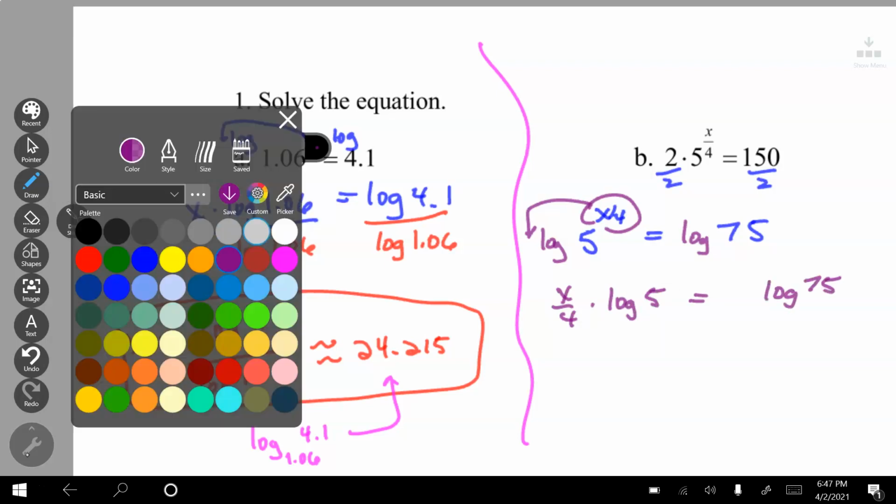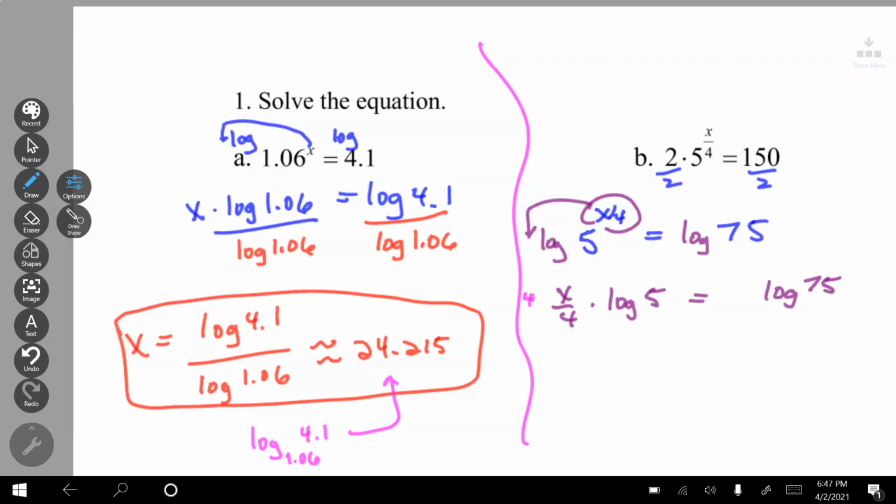And I decide I need to get rid of this 4 on the bottom, so I multiply by 4, and what I do to one side, I do to the other. These 4's cancel out. I have to divide by log of 5. I divide by log of 5, and these cancel. And now I have x is equal to 4 times log of 75 over log of 5.